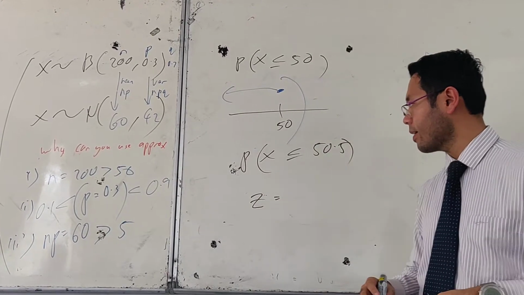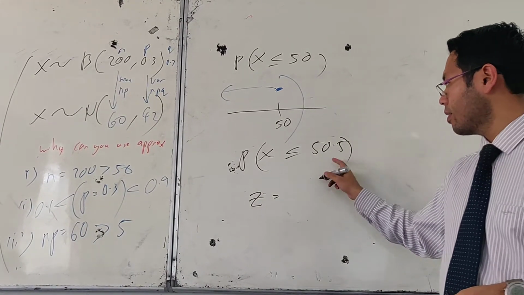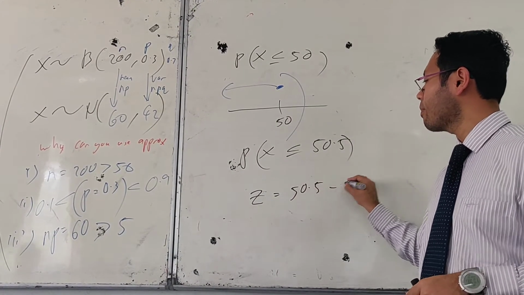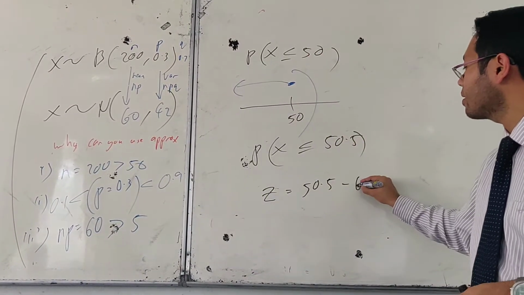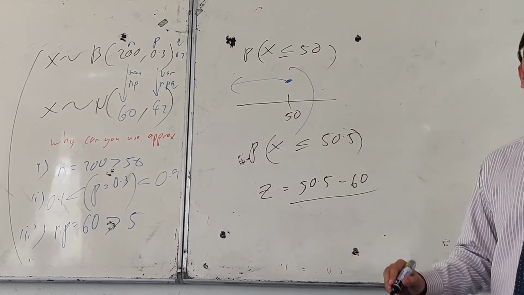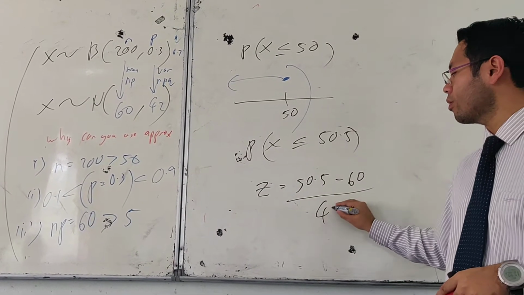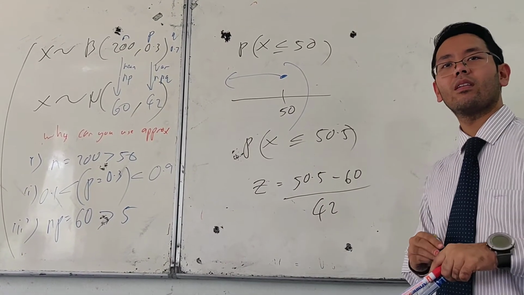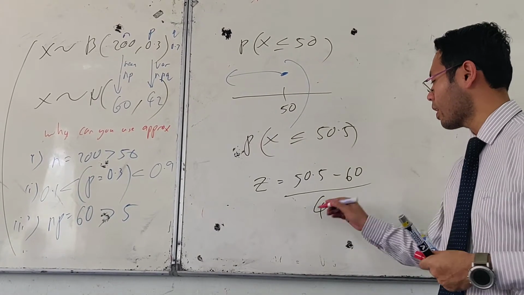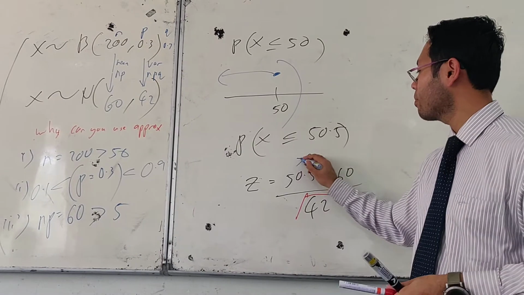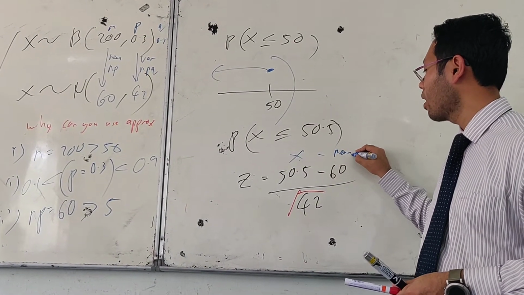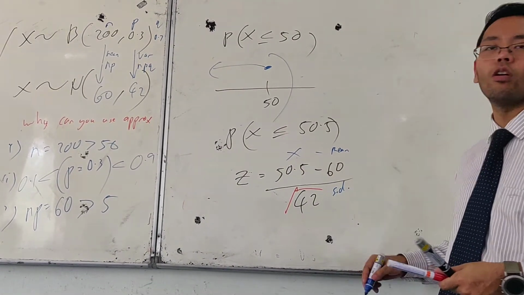So what's z? 50.5 minus mean 60 over 42? No, you need the square root of 42. Remember, this is x minus mean over standard deviation, not variance.